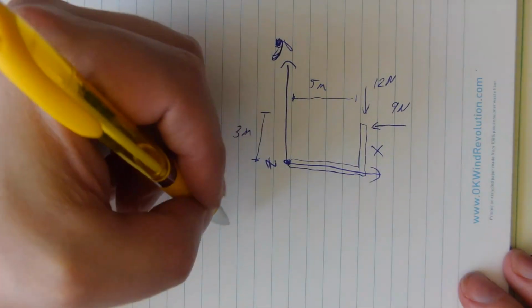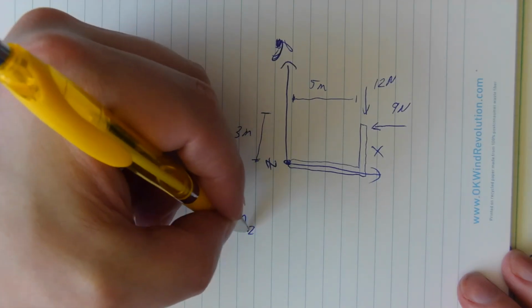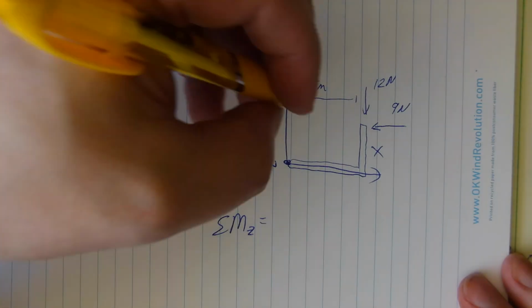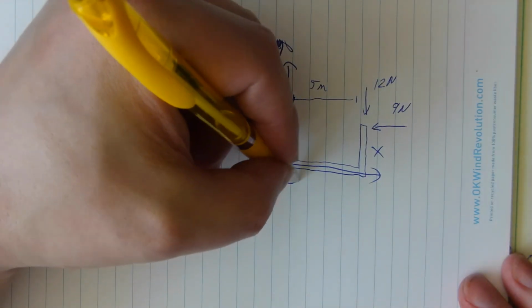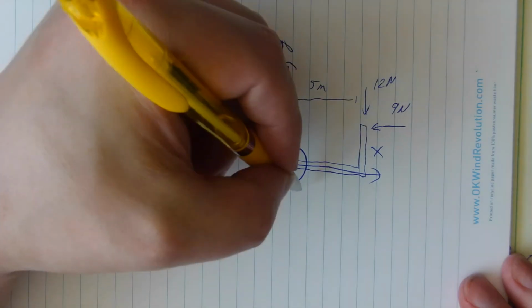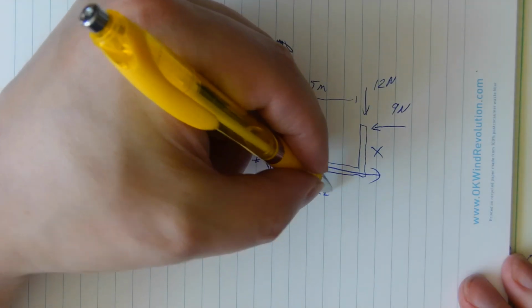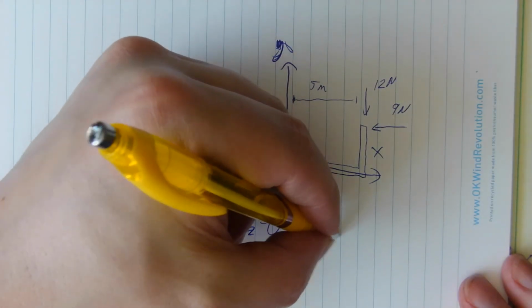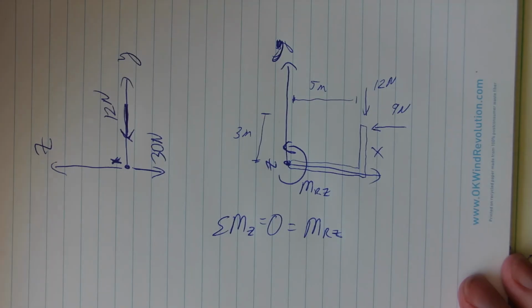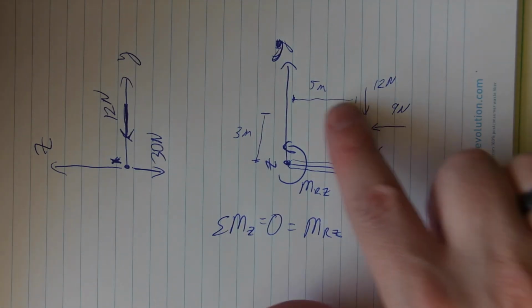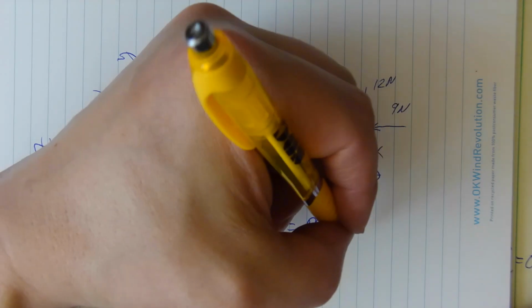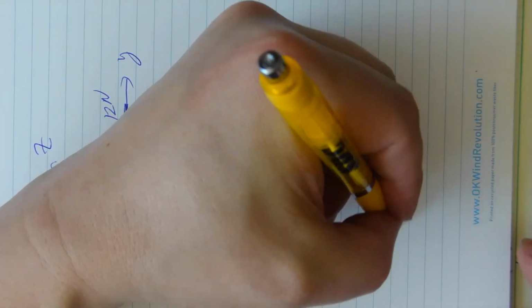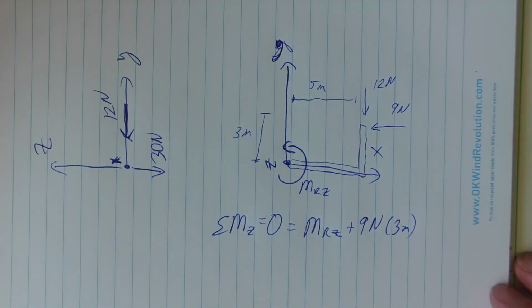If you look at, what is your sum of moments about point Z in this case? Well, again, I've got this reaction moment about the z-axis being applied. So sum of moments in the z, this is MRZ. Again, if I'm taking a two-dimensional look at this thing, this is causing a counterclockwise rotation. So that's plus 9 newtons at a distance of 3 meters.